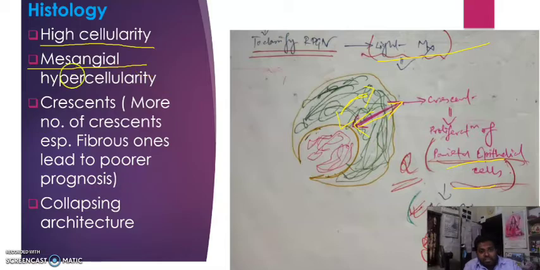Mesangial hypercellularity will be there. Crescents will be formed, and the more crescents, the poorer the prognosis, and the more fibrous crescents there are, the poorer the prognosis. The glomerular capillaries and the whole glomerular structure will be collapsing.